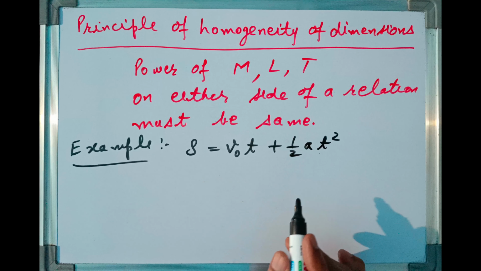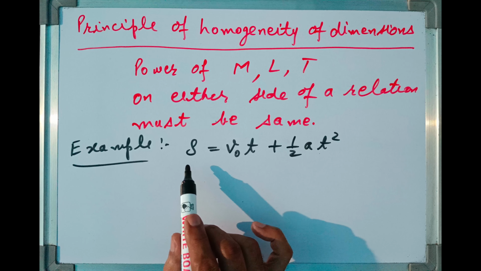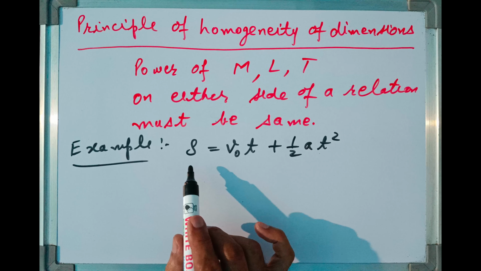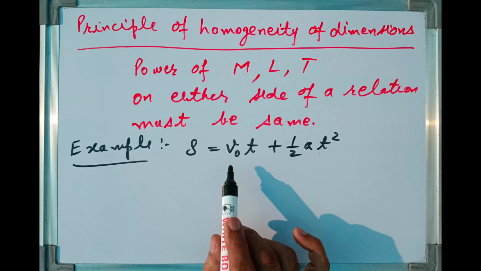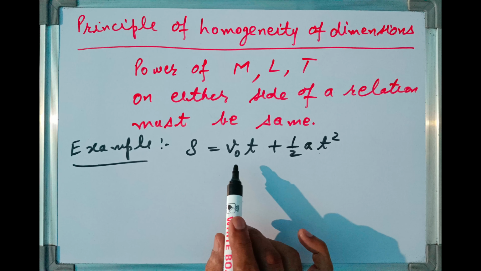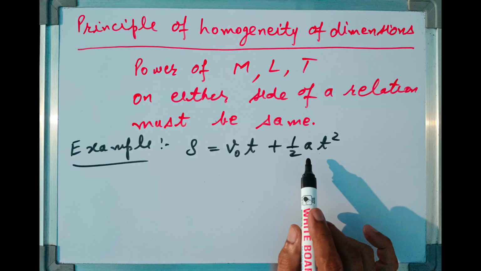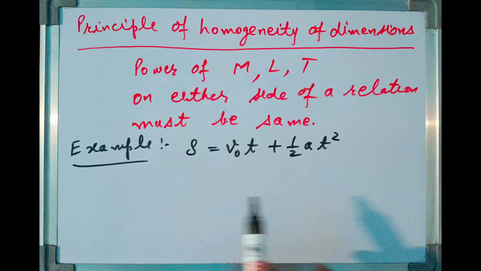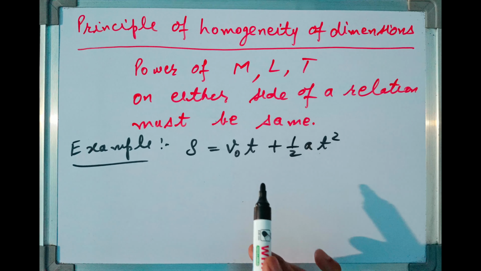We all know this relation, very popular, where S represents distance traveled by body in time t, V naught represents speed of body at starting time t equal to 0, and here A represents acceleration, that is constant acceleration of the body. So we have to apply this principle of homogeneity of dimension.